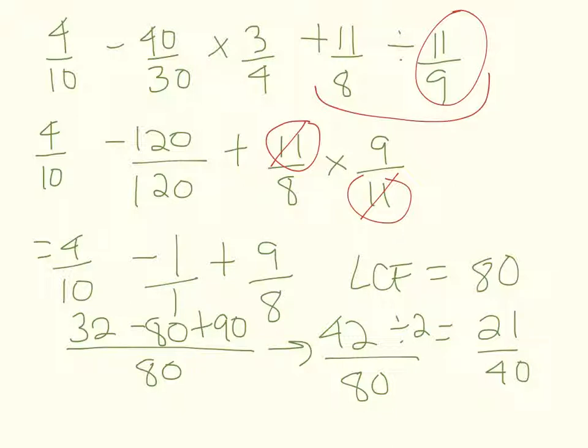So 1 can go into 21, 3 can go into 21 7 times, but can 3 go into 40 evenly? No, it doesn't. Can 7 go into 40 evenly? No, it can't. And 21 itself does not go evenly into 40. If our denominator was 42, we would be able to reduce down to a half, but we can't. So this is actually the final answer.